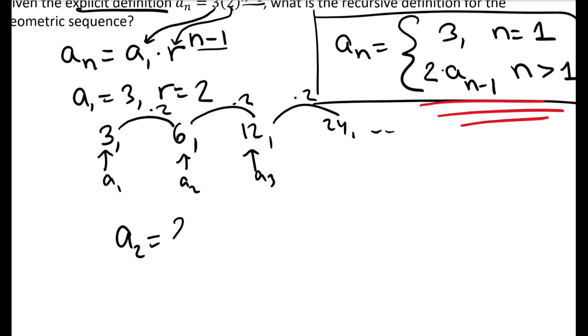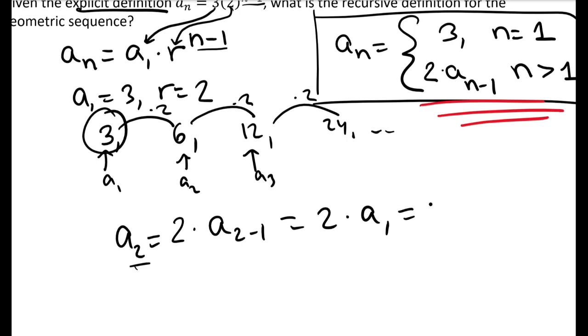So we're going to take 2 multiplied by a, and then n in this case is 2, so 2 minus 1. Well, 2 minus 1 is 1, so we got 2 times a1. Well, what's a1? a1 is 3. So we're going to do 2 times 3, and that'll give us 6, which, of course, is what we got here. So this is how we use the recursive definition.